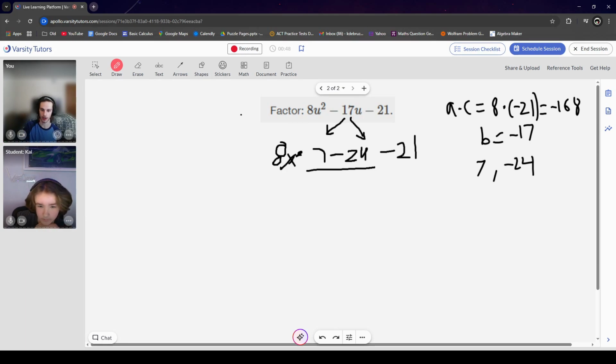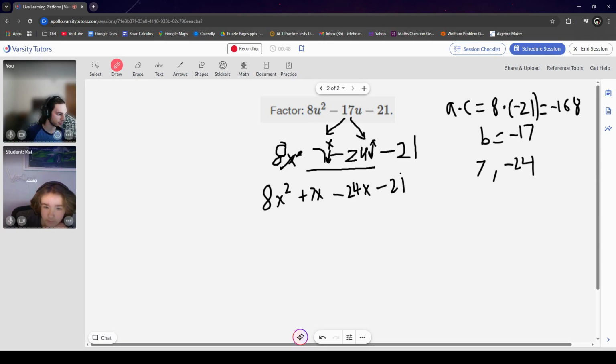So how do we write this in our equation? You've got the numbers right, but remember that both of these numbers are going to have an x attached to them. So I'm just going to write this all the way out: 8x squared plus 7x minus 24x minus 21.